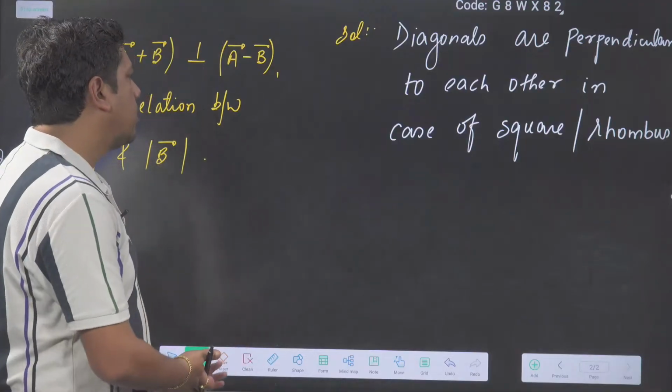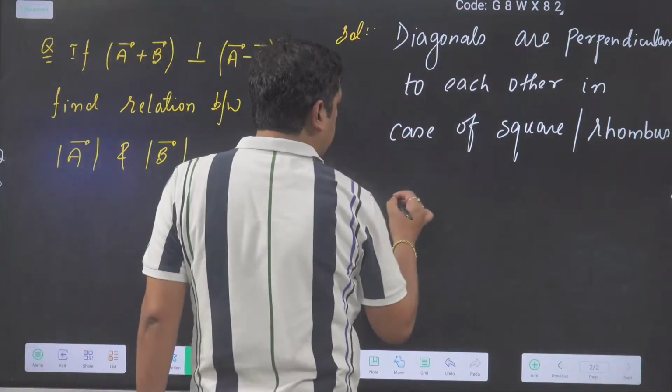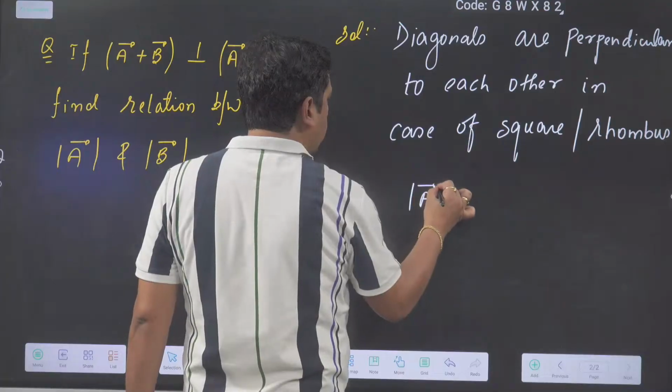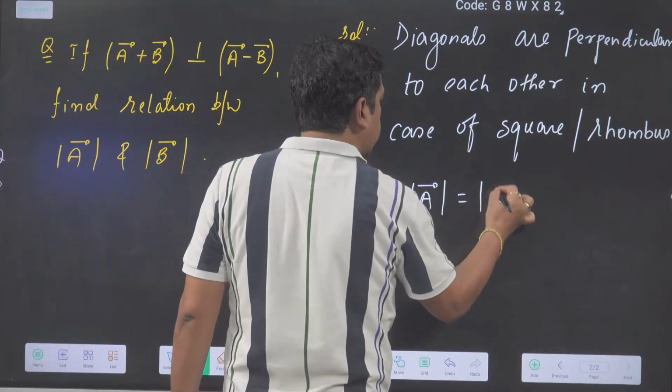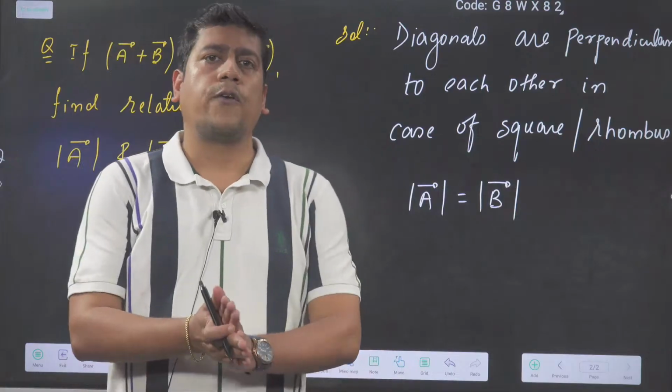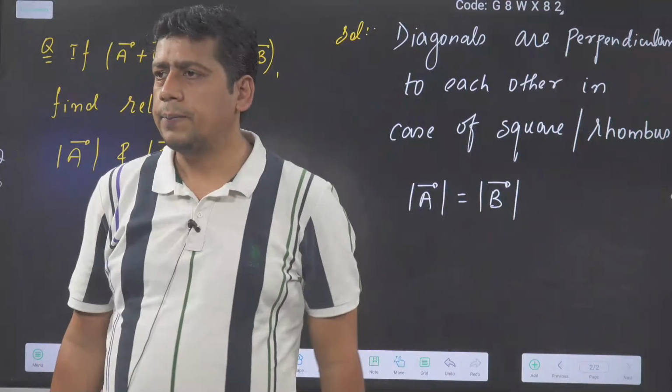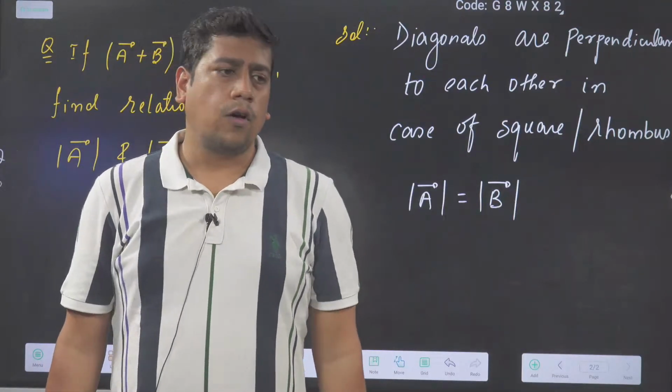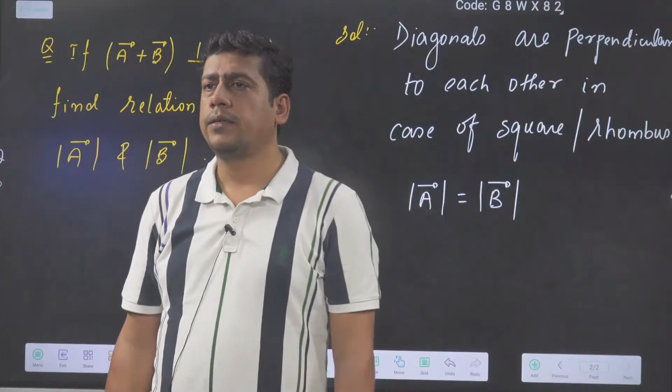What is the thing about the square and rhombus, beta? Sides are equal. In both cases, sides are equal. If sides are equal, that means magnitude of A is equal to magnitude of B. Okay?